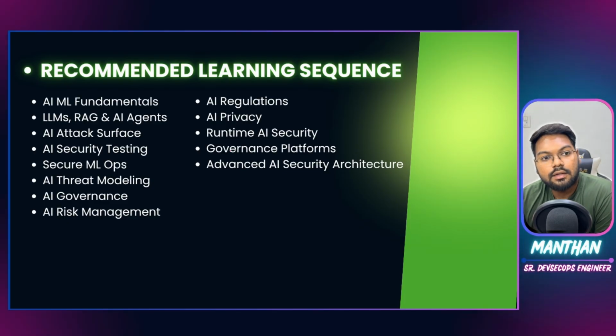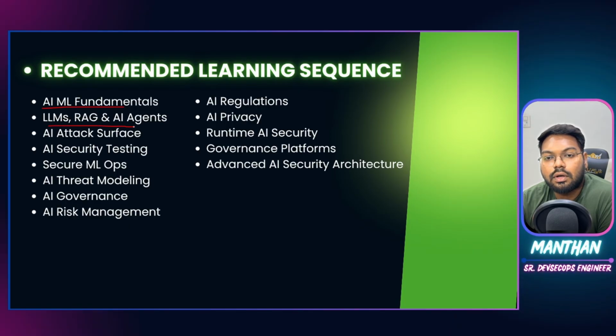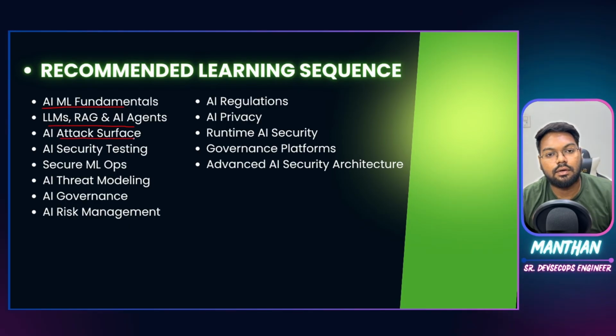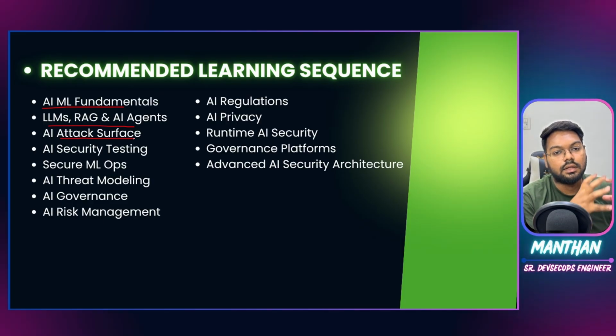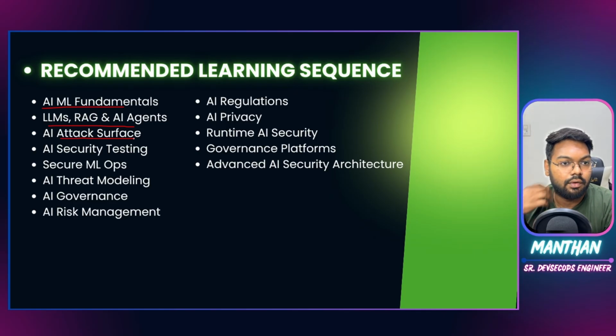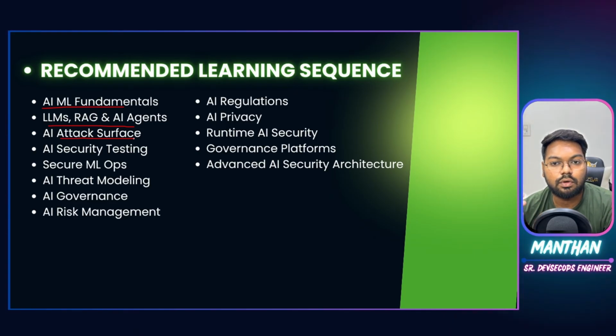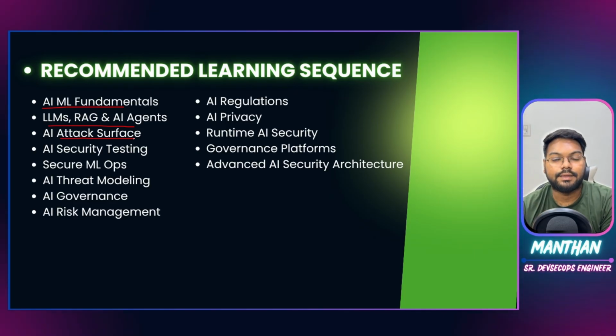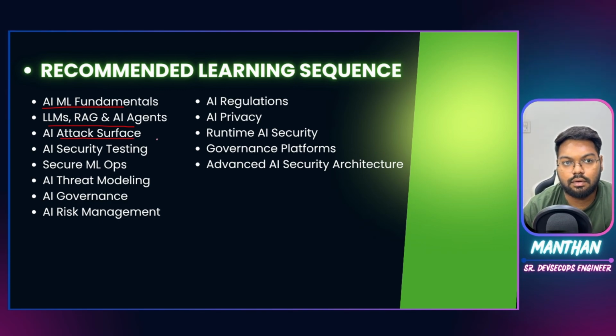So the recommended learning sequence out of all of this is: you start with the fundamentals, learn what LLMs and RAGs are, then learn about the attack surfaces that we covered, the four different things: the data, model, application, and then the infrastructure for AI. You have to know what the different attack surfaces are and what kinds of attacks are possible on them.